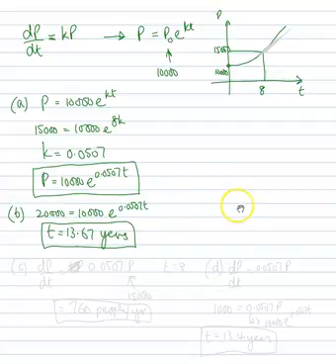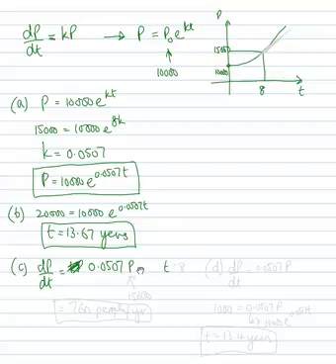Okay, and then the next part says, find the instantaneous rate of population growth when t equals 8. So whenever we look at rate of growth, we go to the derivative. So we know that dP/dt equals kP, and actually we know what k is, so let's put that in there, 0.0507 times P. And what's the population when we're doing it?